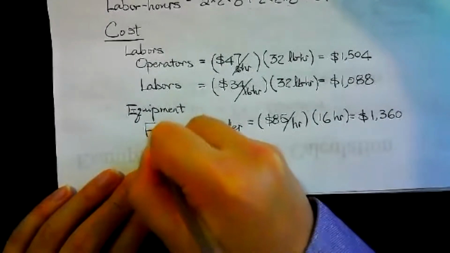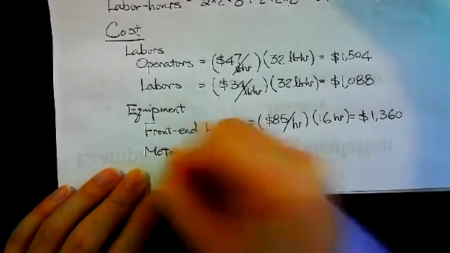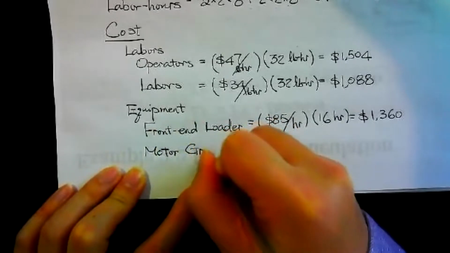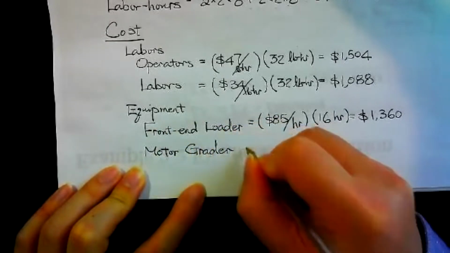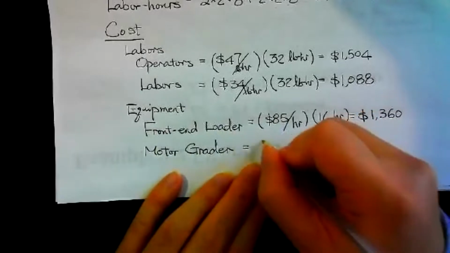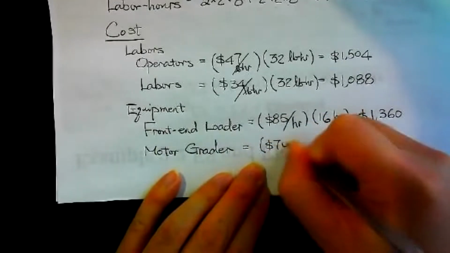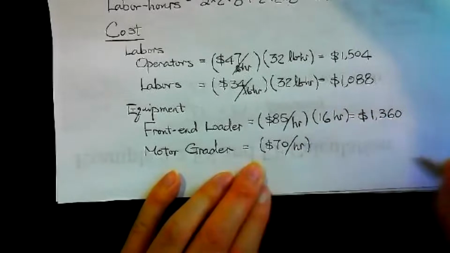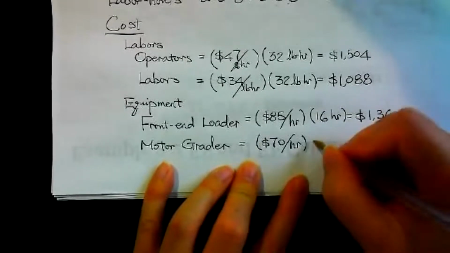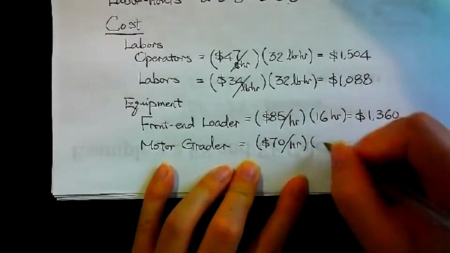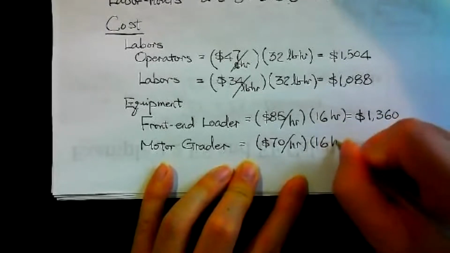And we also need a motor grader. This equipment rental is $70 per hour in the given information. And it needs 2 days also, 16 hours.